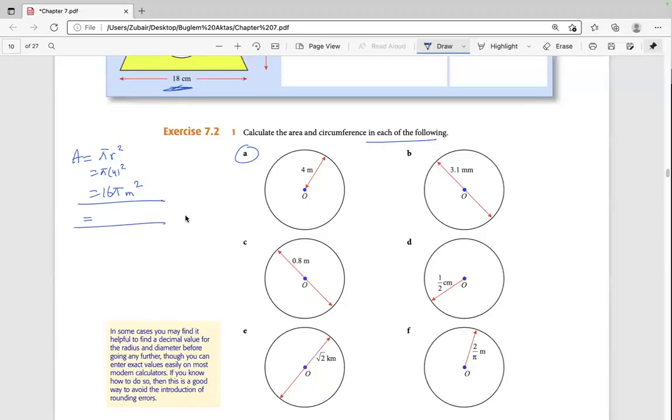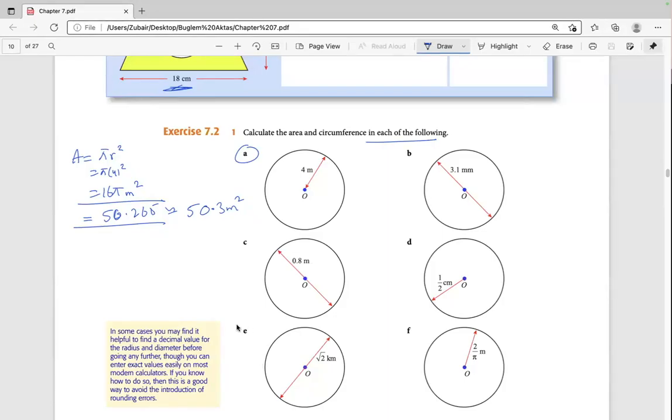If the question demands that you give your answer up to 3 significant figures, I'm using 16 times pi. I'm getting 50.265. Up to 3 significant figures, it will make 50.3. So that would depend on the requirement of the question. The question will always state that.